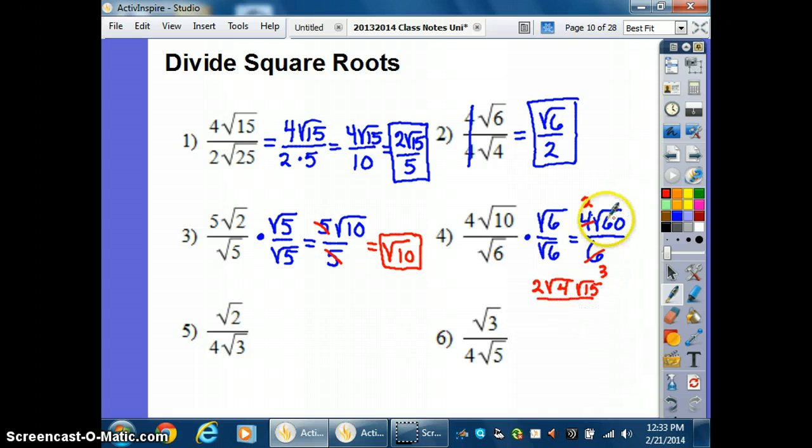That's what 60 is, and there's my 2. And I'm going to put it all over my denominator 3. Okay, so I have 2 times, this is now 2. 2 times 2 times square root of 15 over 3. Or I have 4 square root of 15 over 3.